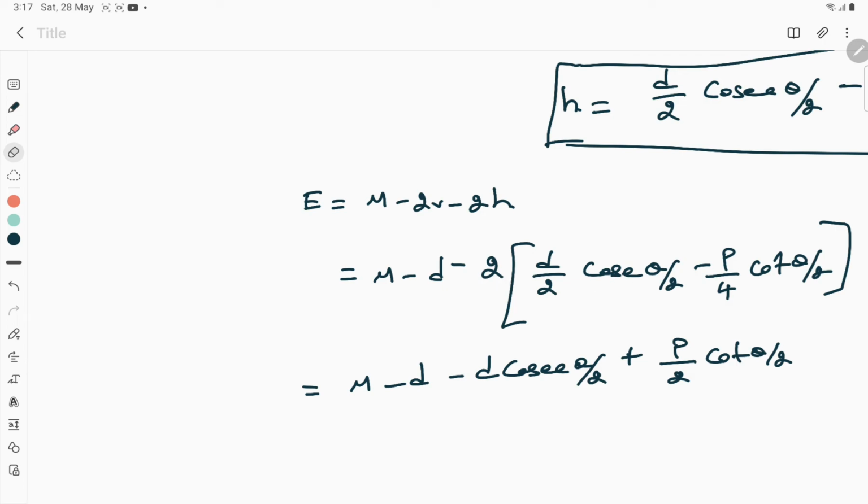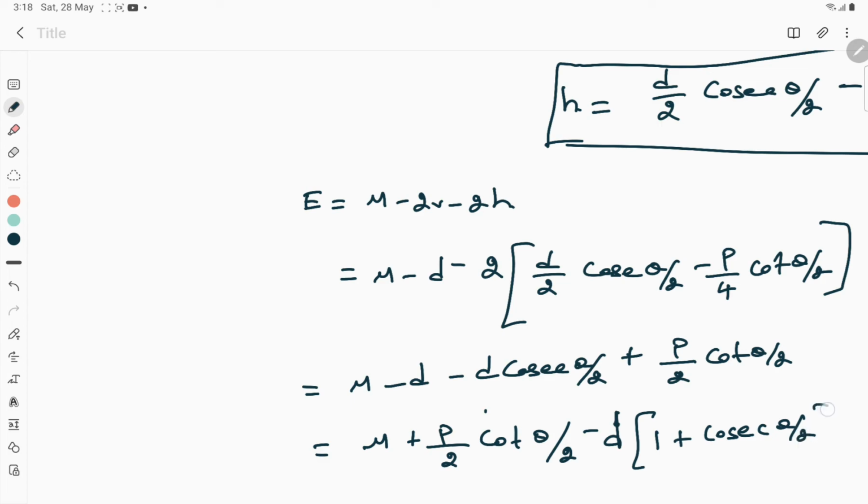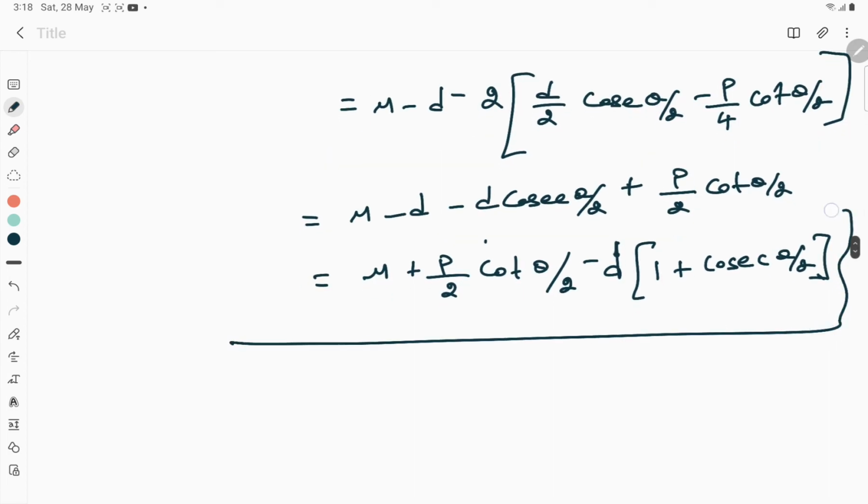Just multiply these two. Now we'll take m plus p by 2 cot theta by 2. We'll take minus d common, so it will become 1 plus cosecant theta by 2. So this is the relation for effective diameter E based on the 3-wire method.